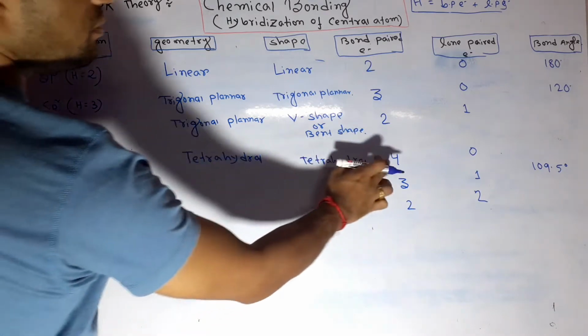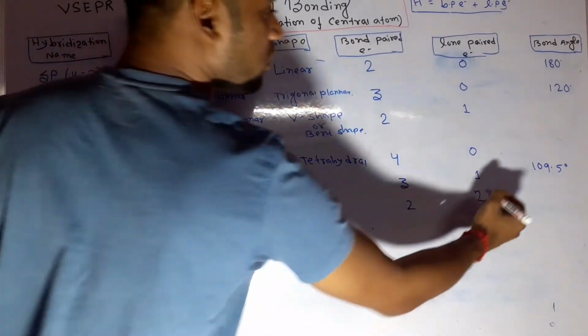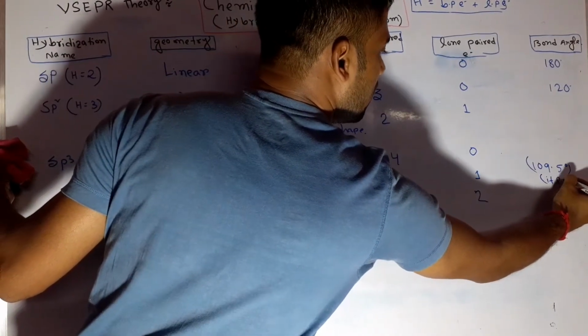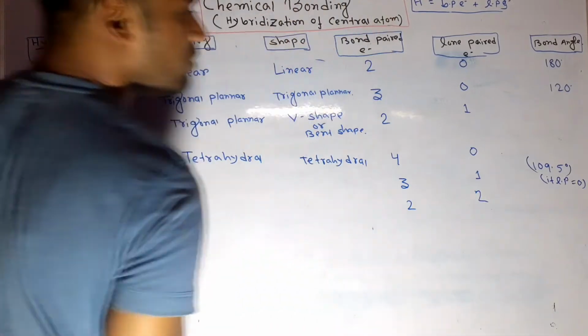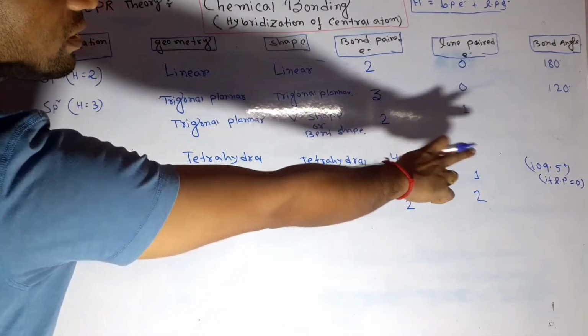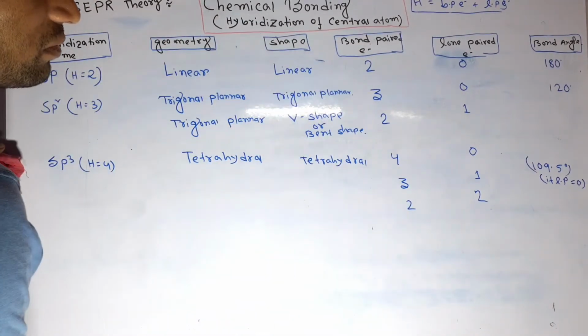For sp3 hybridization, the 4-0 combination is tetrahedral with a bond angle of 109.5 degrees, when the lone pair electrons are 0. The remaining two cases are not always 109.5 degrees; this depends on lone pair and lone pair-bond pair repulsion.